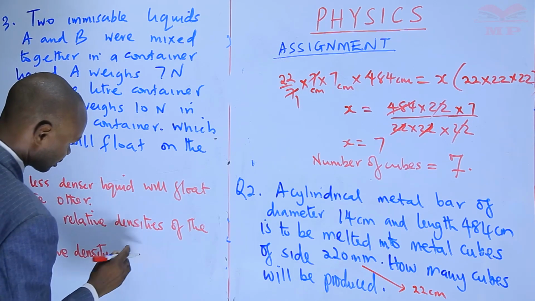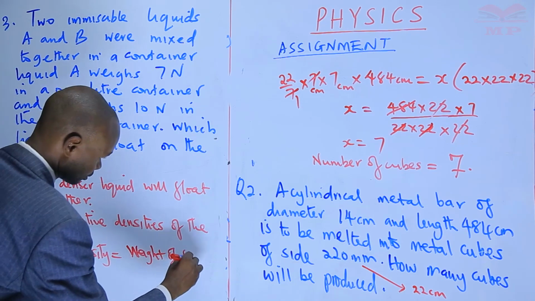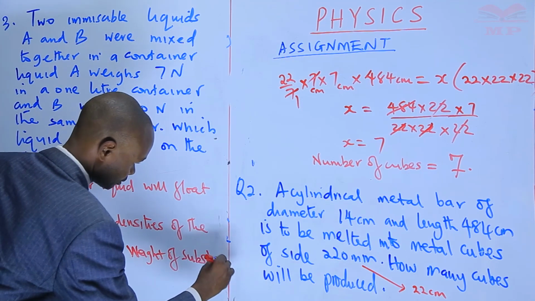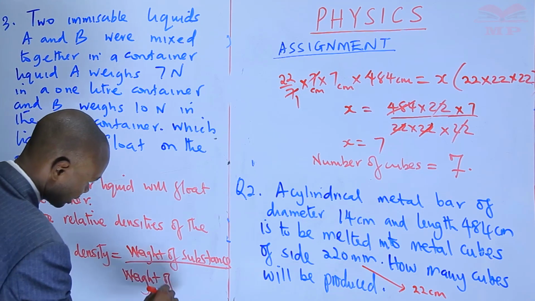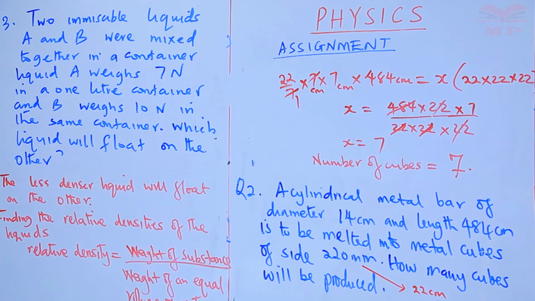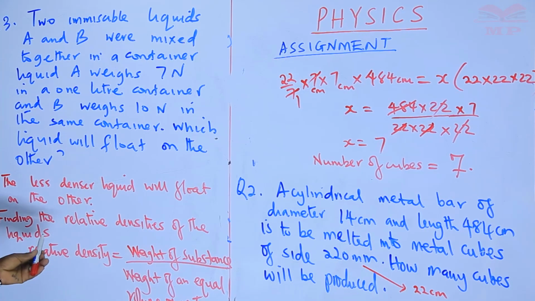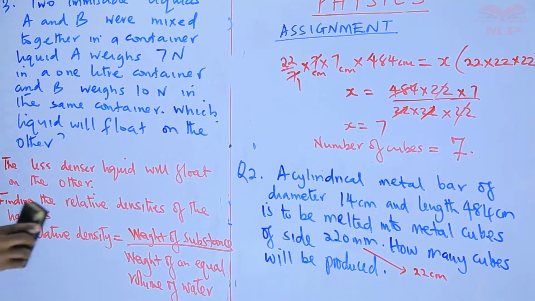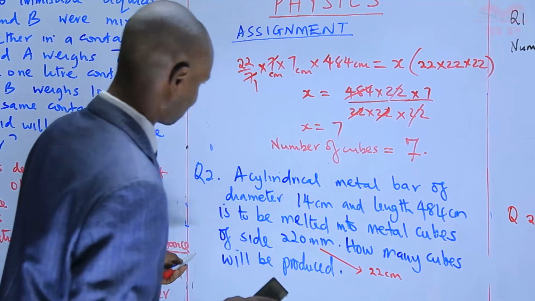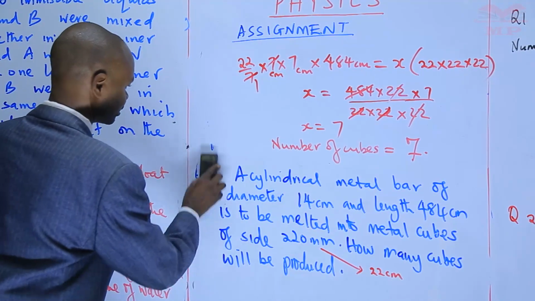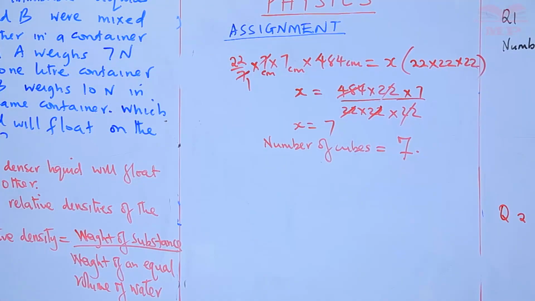Weight of substance divided by weight of an equal volume of water. So we shall start with A. We've done with this, so I think we can create space for that. So we are getting the relative density.